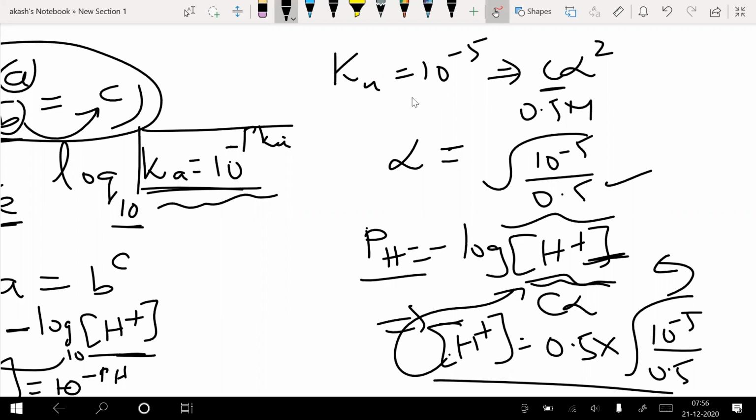Now they're asking, what is the pH of the resultant mixture?